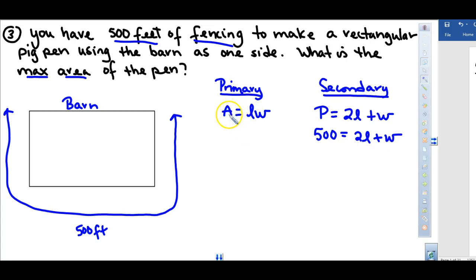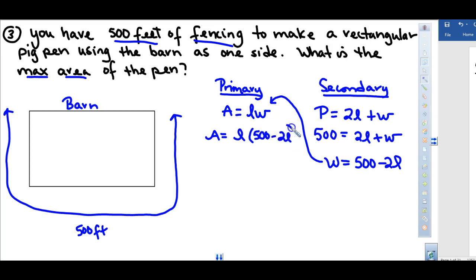I want to differentiate my area, so I need that to be in terms of just one variable here. So I'm going to solve this one for W and put it right here. And then this is going to be the one that I differentiate.